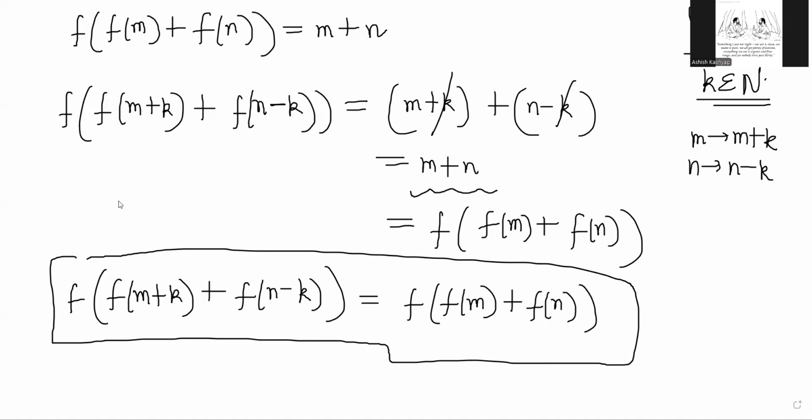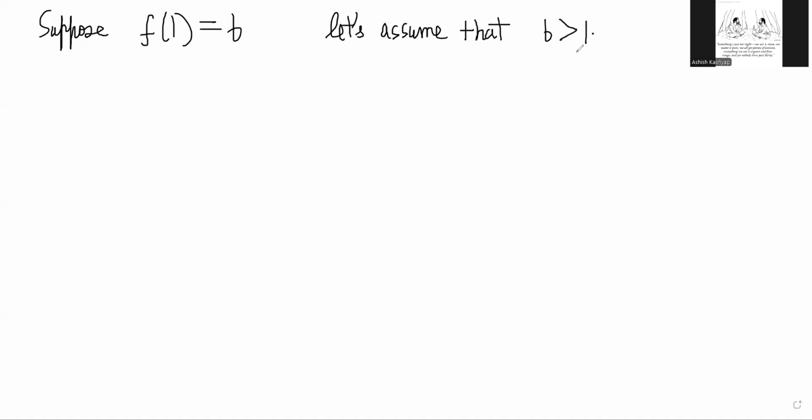Now what we will do is try to take some values. Suppose f of 1 is equal to b, and let's assume that b is bigger than 1. So therefore, b must be greater than or equal to 2.